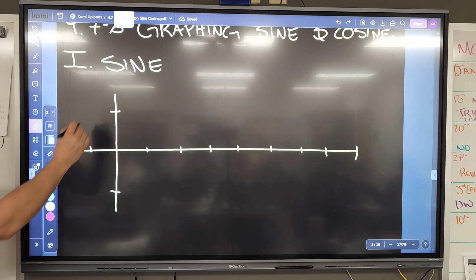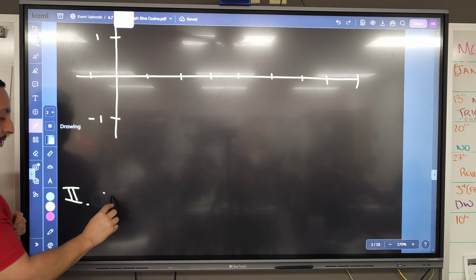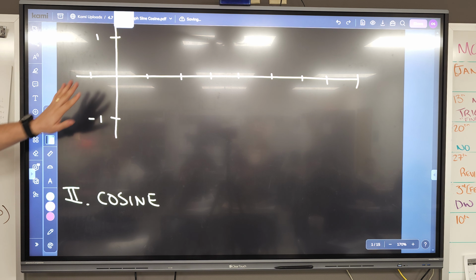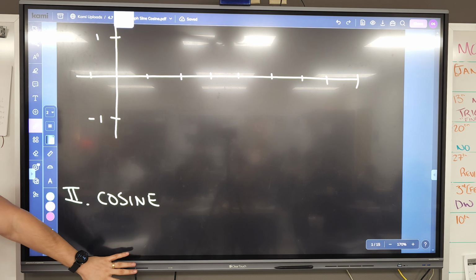And then skip a little space, and number 2, we're going to do cosine down here. So if this was a computer, try to copy and paste this again down here for cosine, okay? So try to make it the same size as you can. So right here, again, you're going to have 8 tick marks, 1, 2, 3, 4, 5, 6, 7, 8.